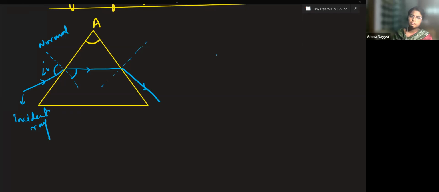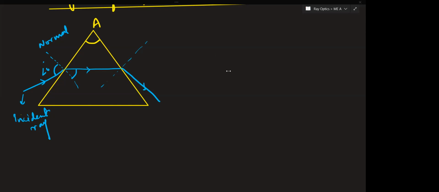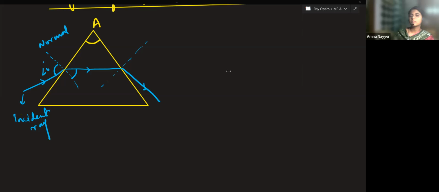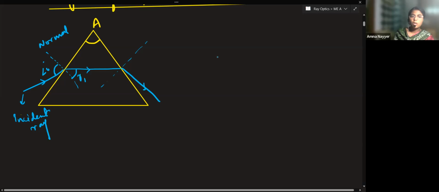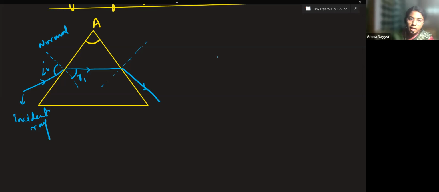Anyone else apart from Hiba and Huzaifa? Refracted angle, angle of refraction. Huzaifa has also answered angle of refraction. See, this is the normal, this is the refracted ray, so this is the angle of refraction. Understood or not, Hiba? This is very basic. Otherwise I'll start taking your viva in every class and ask you all to open your cameras and then answer the questions.